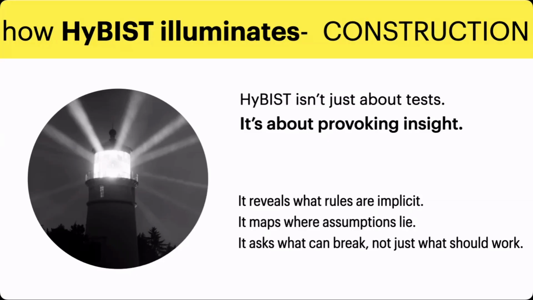It tries to help you figure out what can break, not what should work. So it's a bit of a fault-oriented approach, in addition to the notion of a conformist compliant approach.